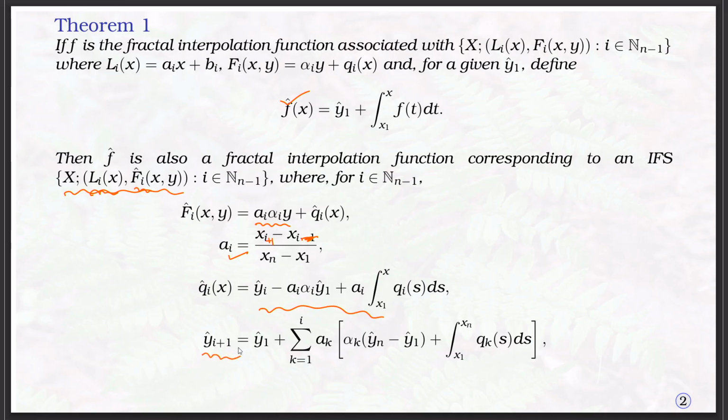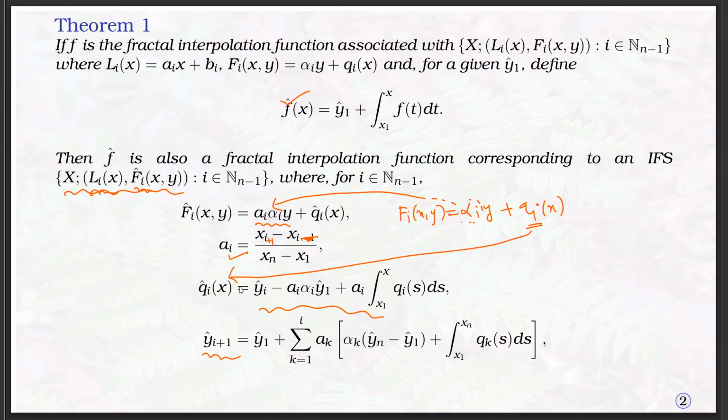Now, you can observe the original Fi of x we are taking in the form of alpha i of y plus qi of x. Now, that alpha i is transferred to here when applying the integration and the qi of x will change to here.